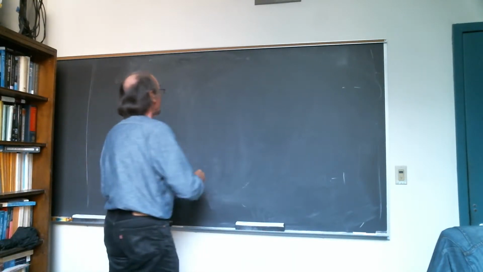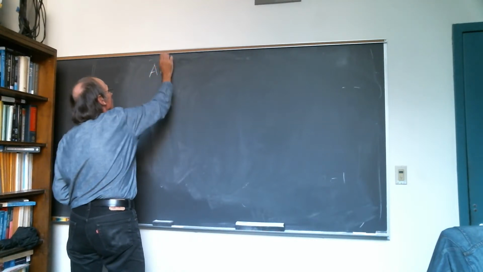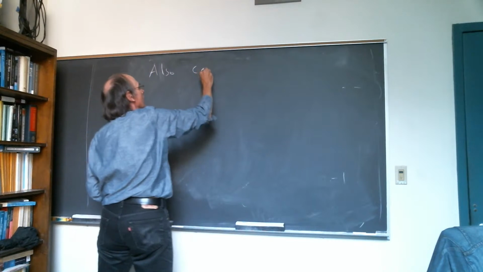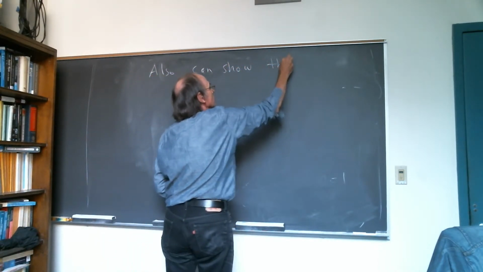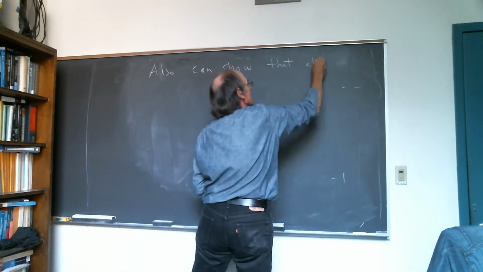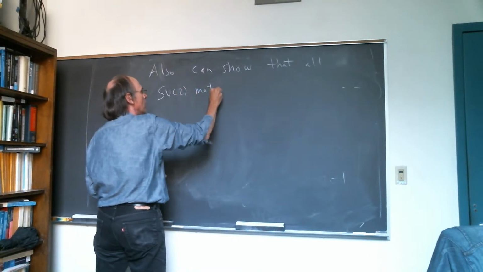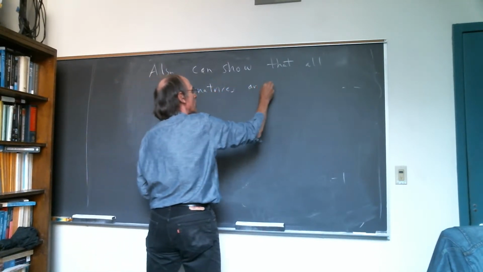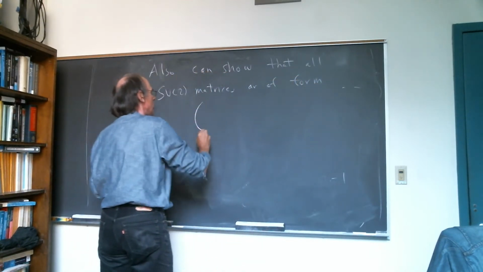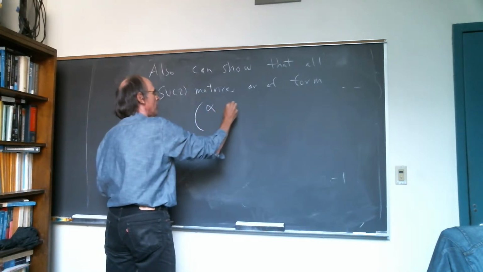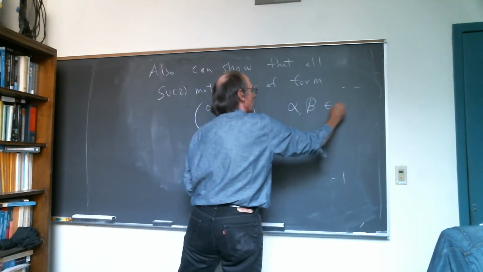But there's another way of thinking about this. You can show that all SU2 matrices are of the form: you take alpha and beta, where alpha and beta are complex numbers.